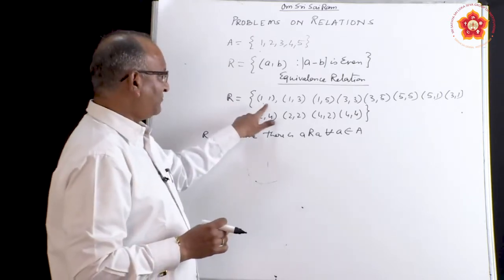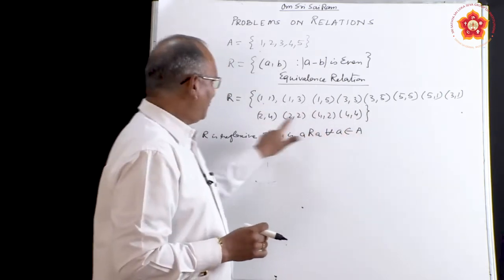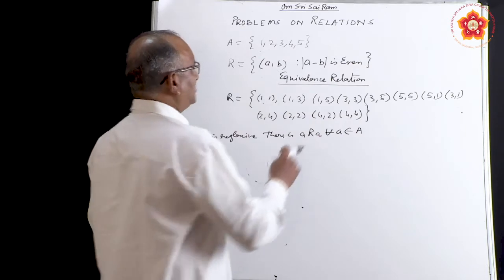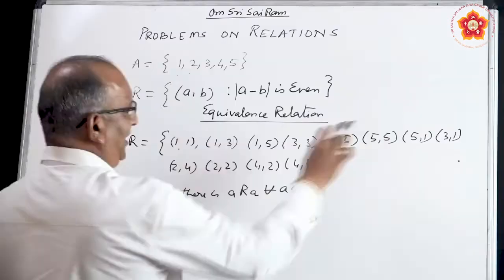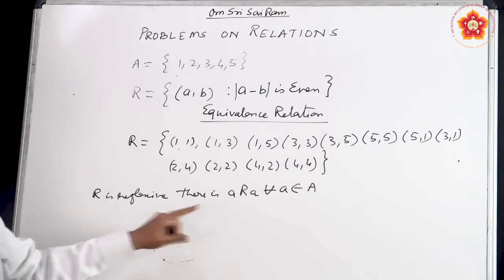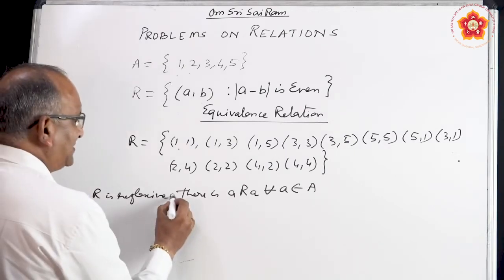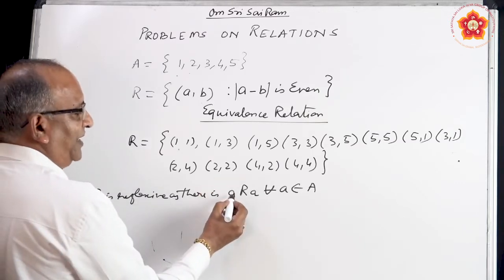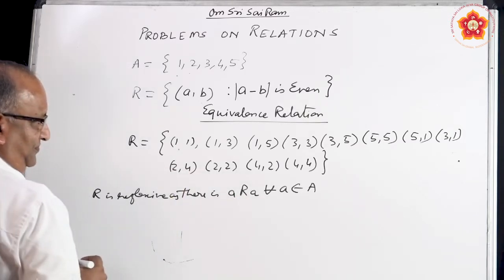So you can find that we have (1, 1), (2, 2), (3, 3), and also (4, 4) and (5, 5). So R is reflexive because there is ARA, meaning for all elements of A, it is related to itself.